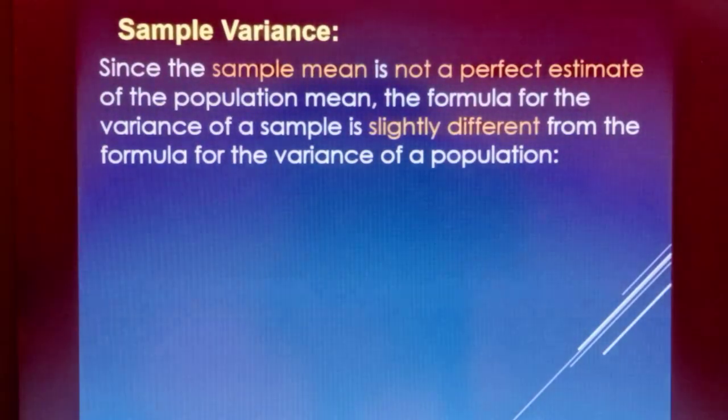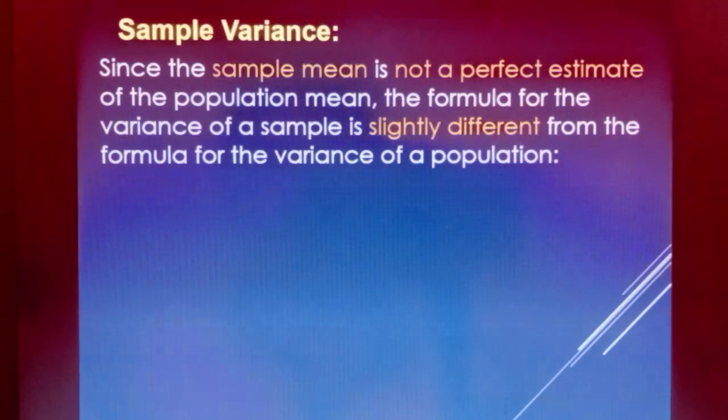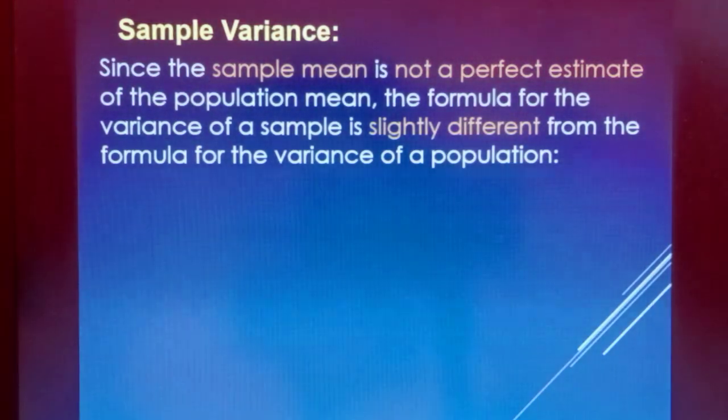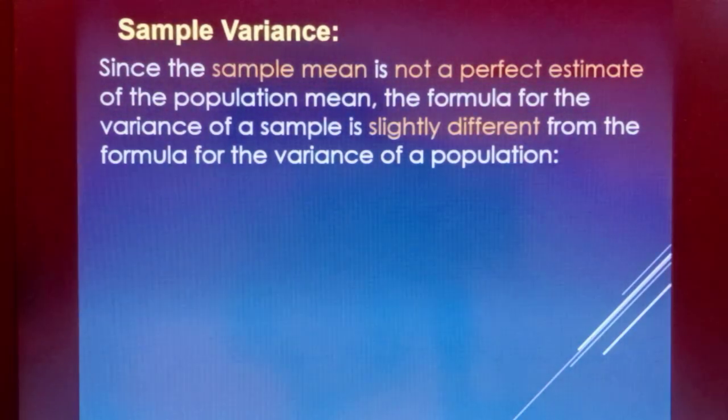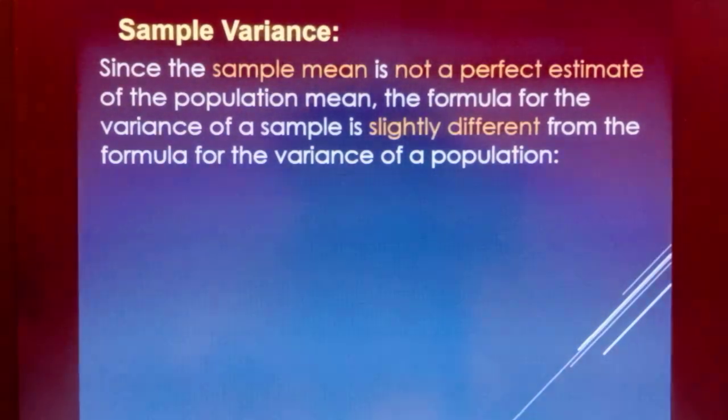So for sample variance, since the sample mean is not a perfect estimate of the population mean, the formula for the variance of a sample is slightly different from the formula for the variance of a population. So why is it so?